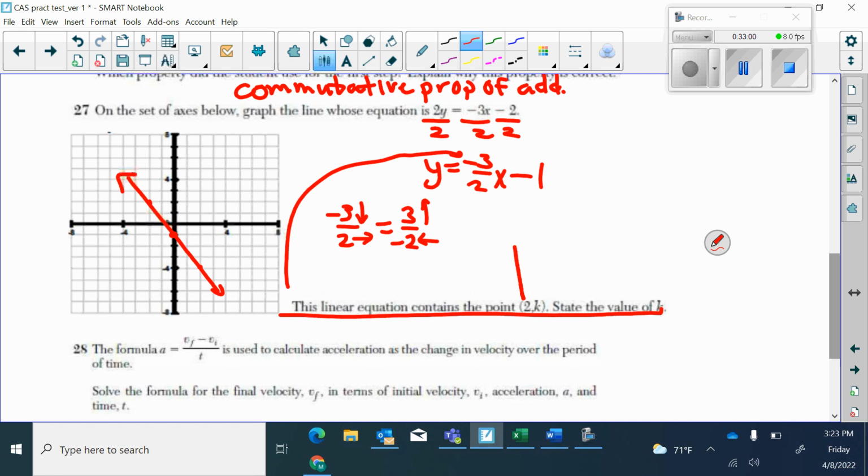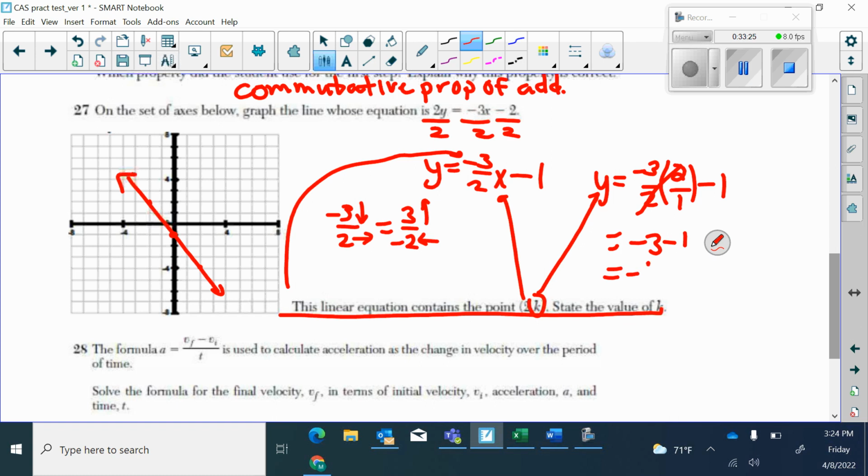So stick in 2 for the x, right there. Okay, plug it in. So I now have y equals -3/2, and then 2, which can be written as 2/1, okay, -1. And the k value, that's just your y value right there. So all I'm doing is this calculation. The 2's cancel. I get -3 minus 1, so -4. K is -4 then. Okay.